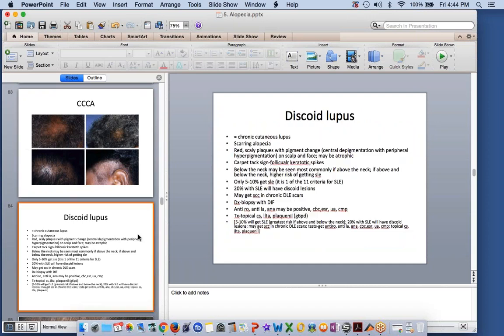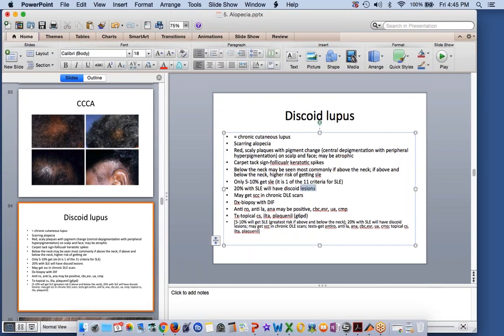Discoid lupus is something that's easy to pick up. 20% of patients with discoid have systemic lupus, so you need to do a systemic workup. An easy one would be an ANA. You could also send one to a rheumatologist to work the patient up.